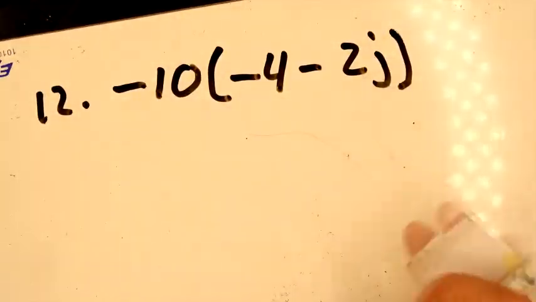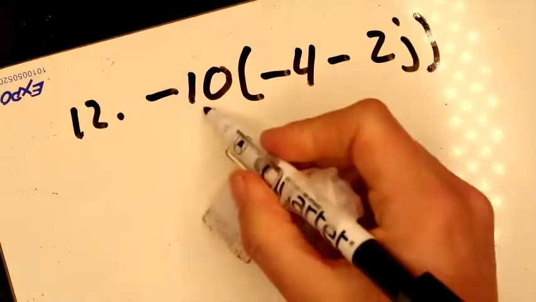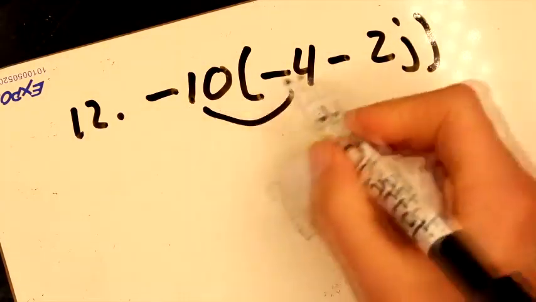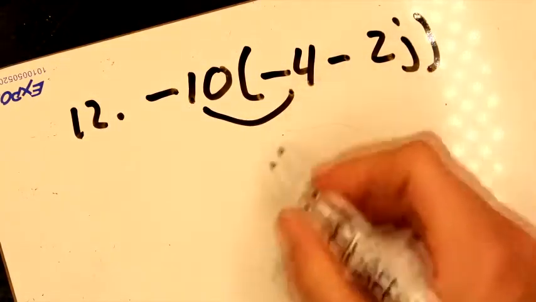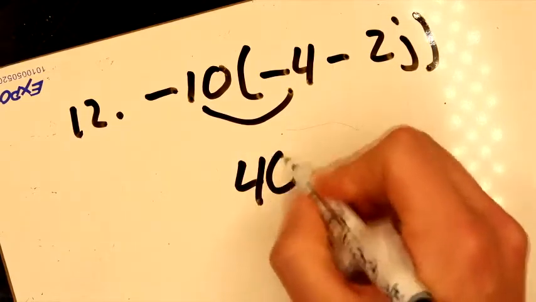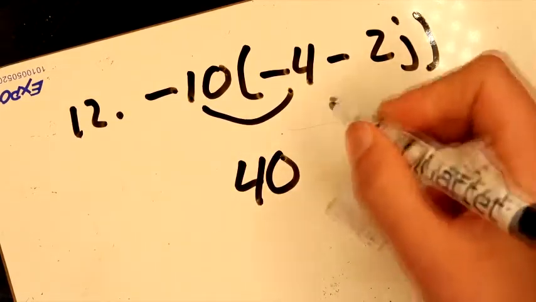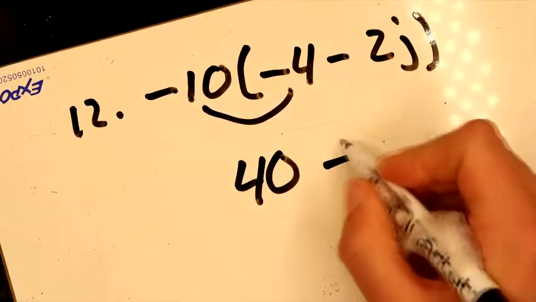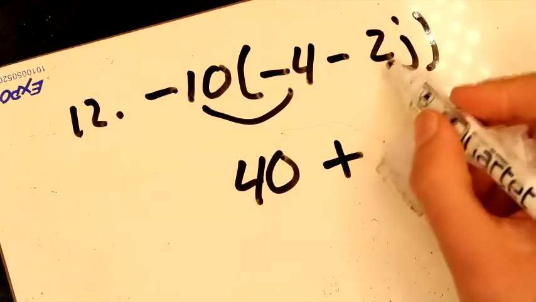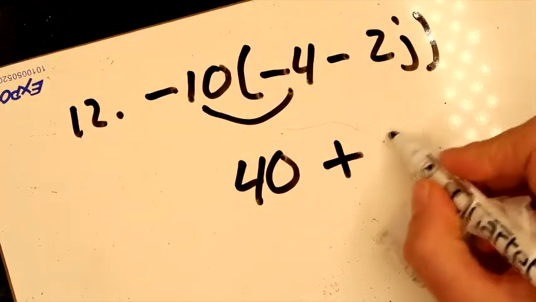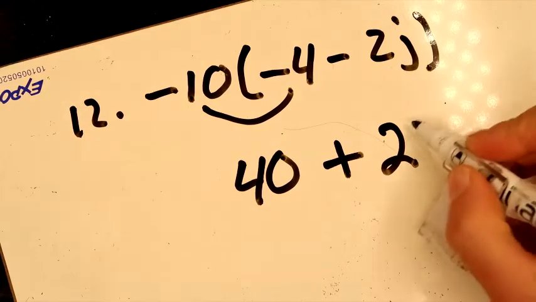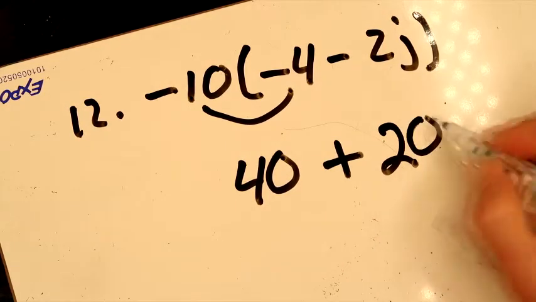Normally the variable is over here, but now it's over here, and it makes no difference whatsoever. Negative 10 times a negative 4 is going to be positive 40, because a negative times a negative is positive. A negative 10 times a negative 2j is going to be positive 20j.